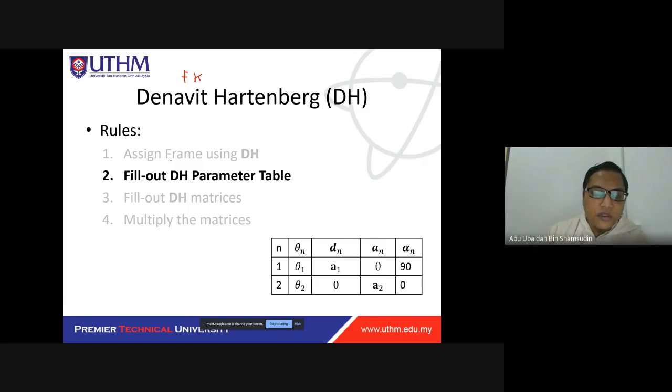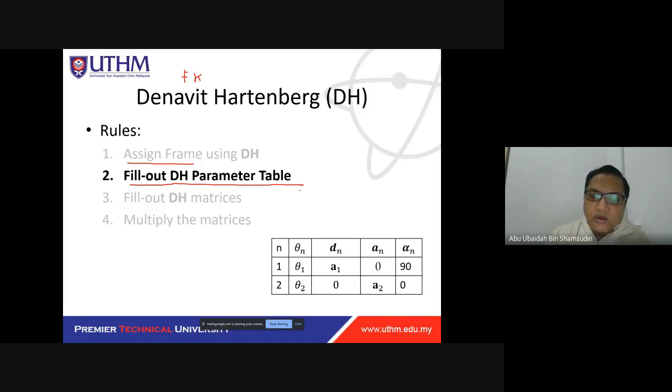Okay, for the last week, we have learned how to assign the frame for our robot. So we have learned several rules on how to assign X, Y, and Z. Now, the second part, we want to fill out a DH, which is the Denavit-Hartenberg parameter table.